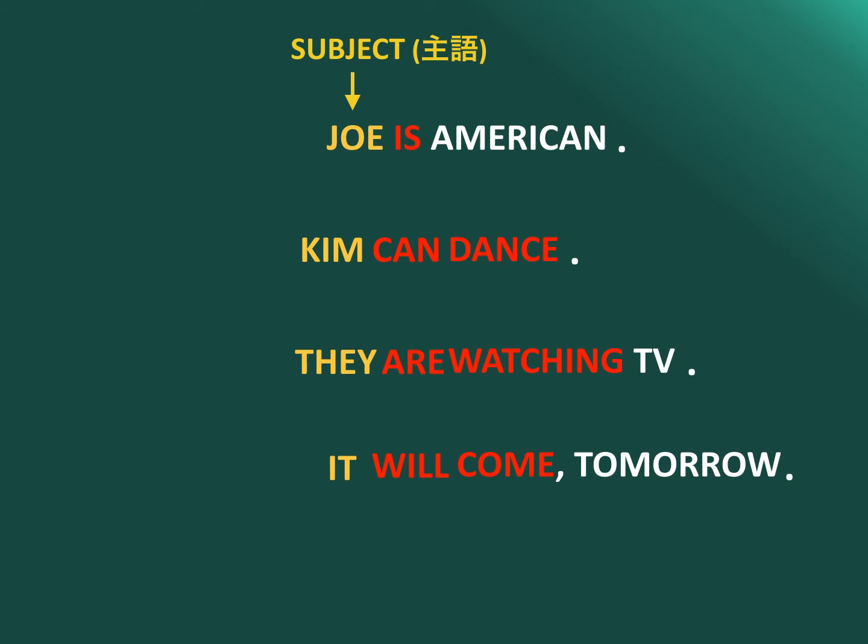Next, let's study how we make yes-no questions. If you studied the earlier part of the series on forming negative sentences, then you should notice some similar points in the process. Here we have 4 simple sentences. The subject of each sentence is yellow, and the verb unit is red. Watch the process as we change them to yes-no questions.